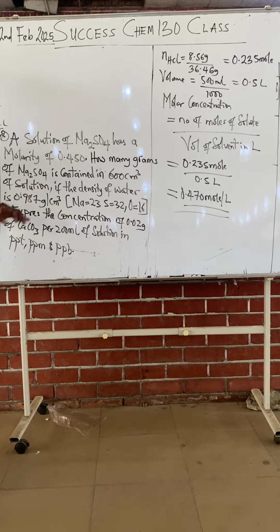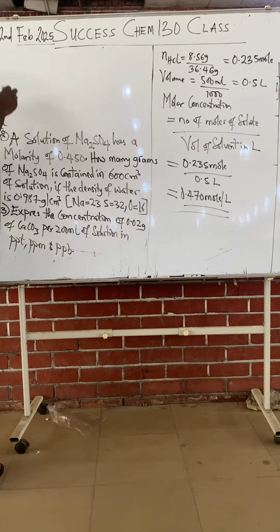How many grams of Na2SO4 is contained in 600 cm cube of solution, if the density of water is 0.987 gram per cm cube?